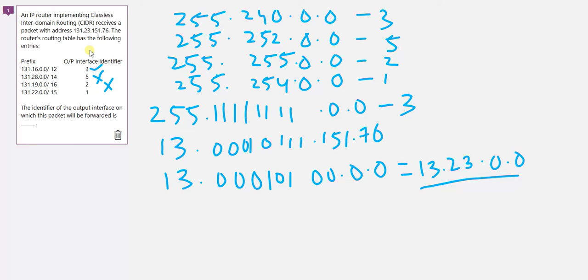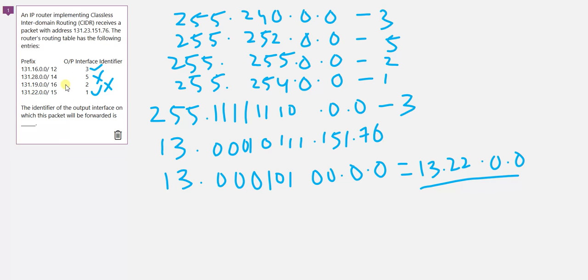Now we check the last one, interface 1, whose subnet mask has 254 in its second byte. ANDing 23 with 254 gives 22, so the network ID is 131.22.0.0, and this matches the network ID in the routing table. So we have two matches.